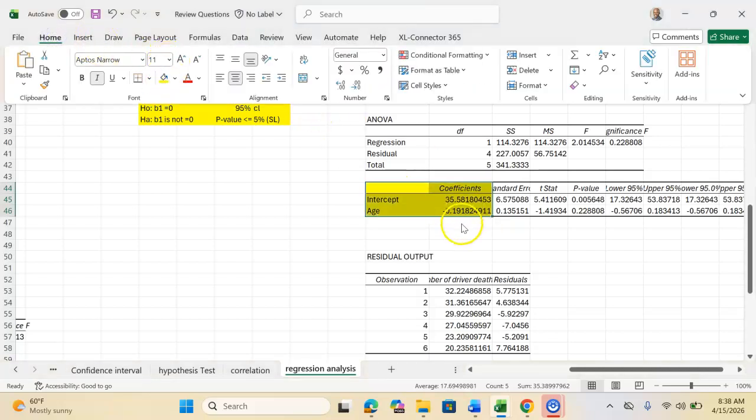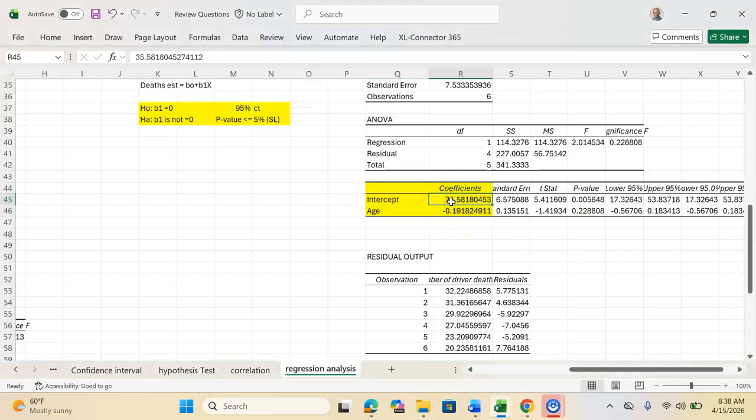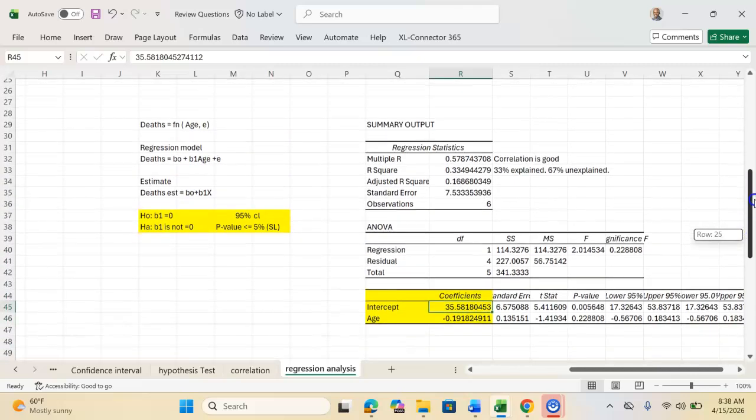Let me highlight these coefficients. Remember, this is B0 according to our equation here. So B0, which is the y-intercept, is this value here. And B1, which is the slope for age, is this one.